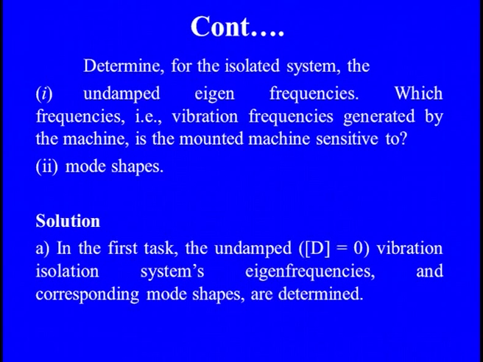So the system is undamped, and for undamped systems, only the mass and the spring have an effect. The roots coming out of the equation from this mass and spring system give our undamped natural frequencies, and the corresponding eigenvectors are the mode shapes.